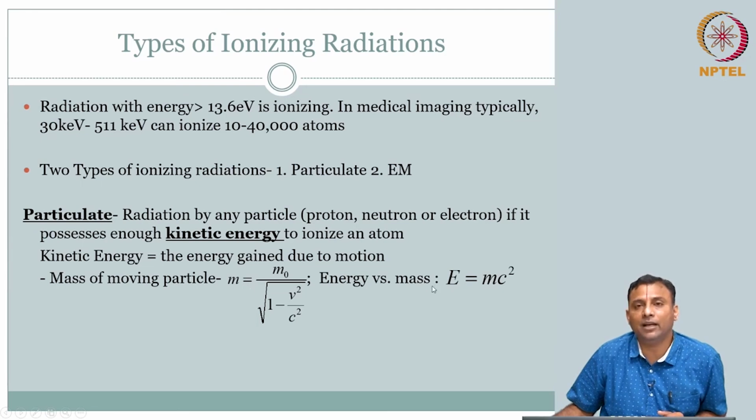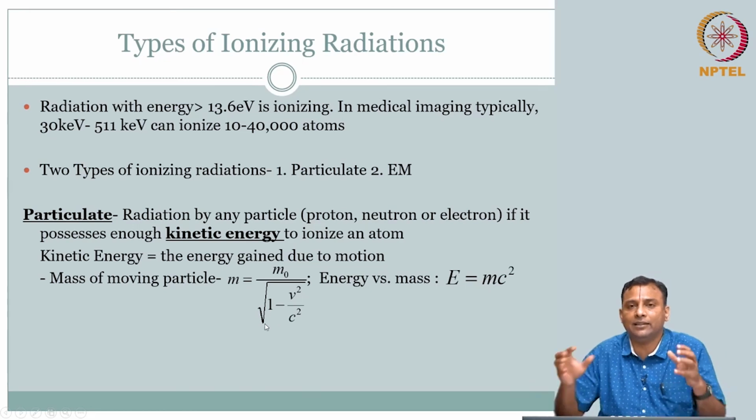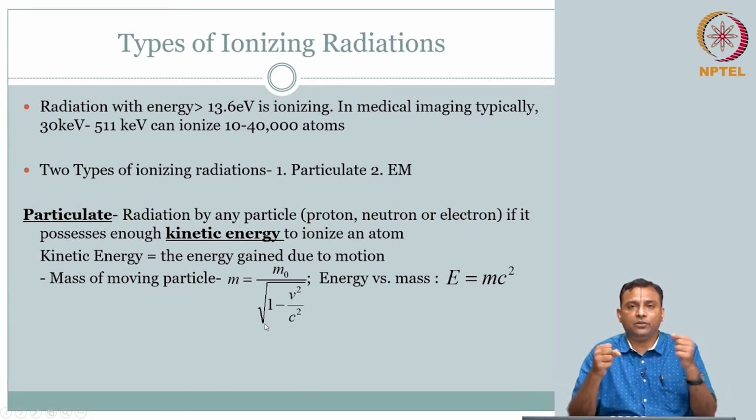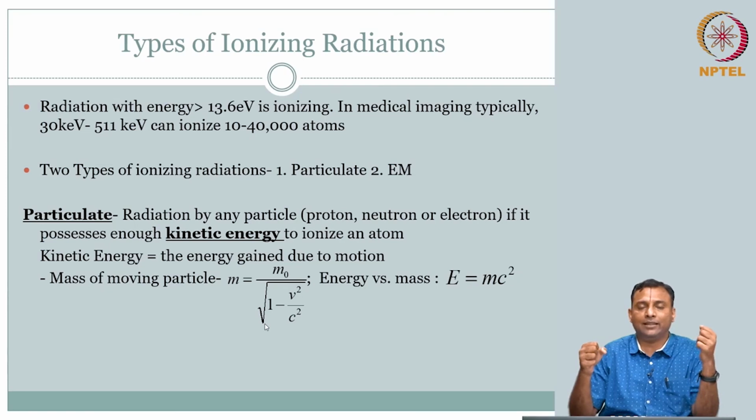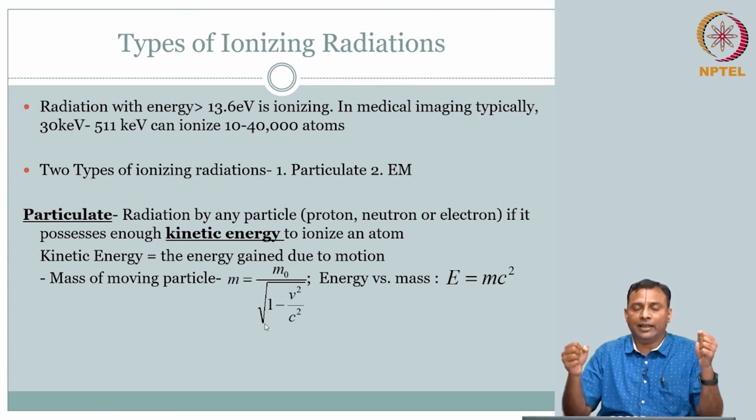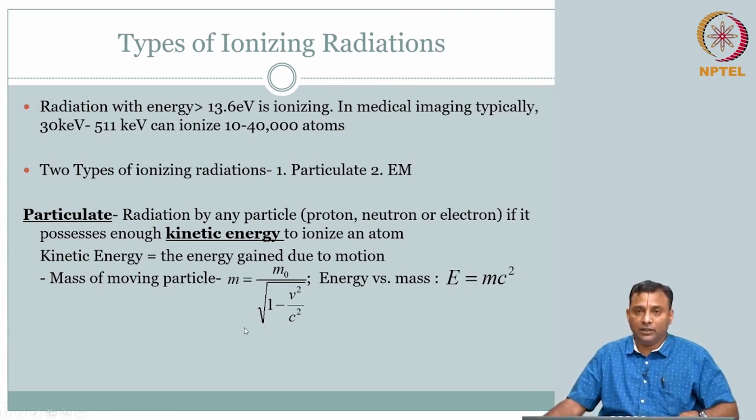Okay. So why is mass important? Because energy and mass are related by E equals mc squared. Clear? So this is the energy, and we are interested in the kinetic energy. So what is kinetic energy? You have some energy in the rest state, and because of velocity, because of acceleration, you have some other energy. So the kinetic energy is the difference between these two.